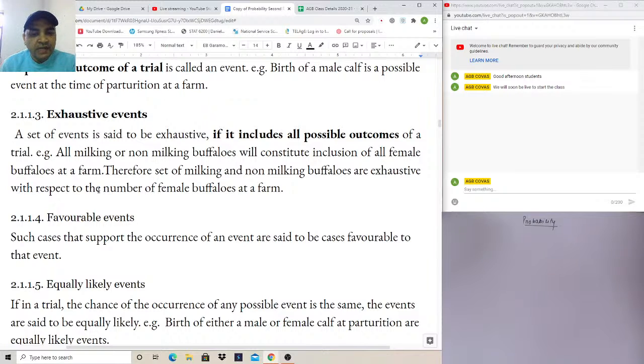Therefore, the set of milking and non-milking buffaloes is exhaustive with respect to the number of female buffaloes at a farm. That is, when you include everything in a set, it becomes exhaustive. No other event is possible.